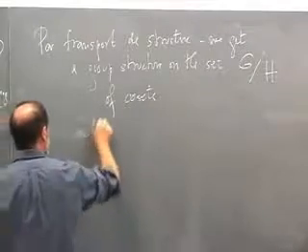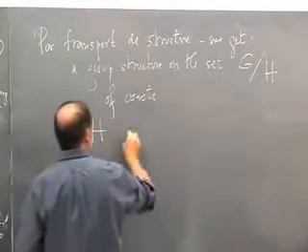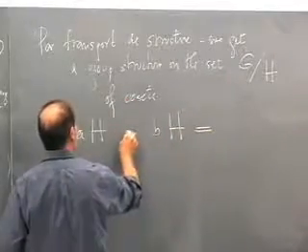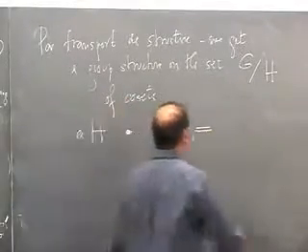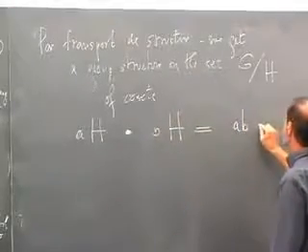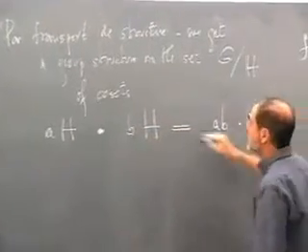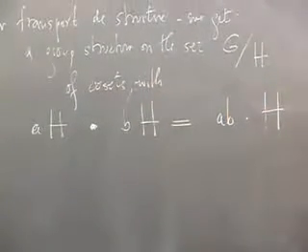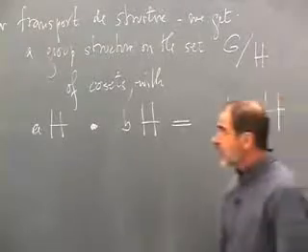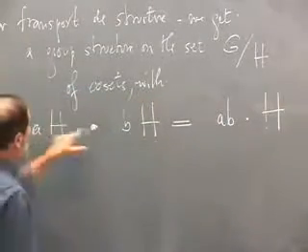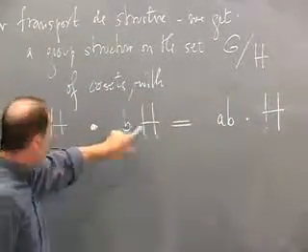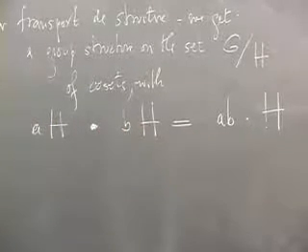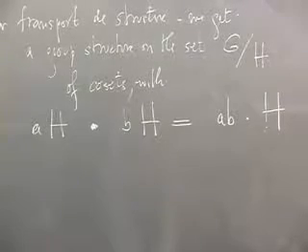When you multiply the coset AH by the coset BH, then I claim that the answer is the coset of AB times H. Why? Because if I want to figure out how to multiply this coset by this coset, I have to figure out how to multiply A bar by B bar. That's the multiplication law I'm going to use, the multiplication law in G prime.